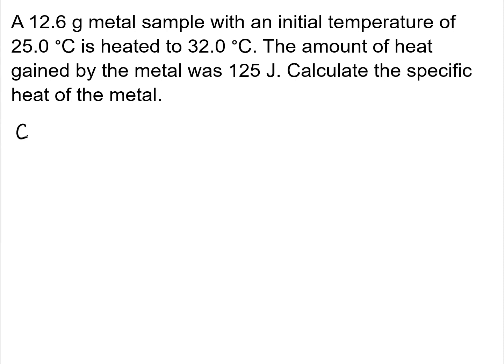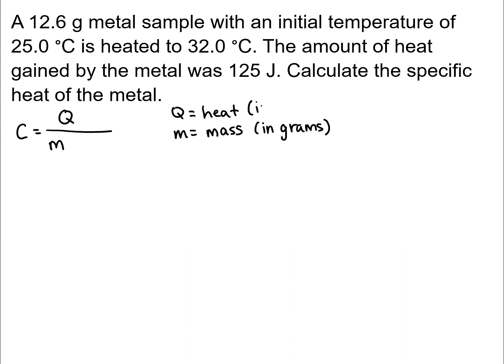Specific heat, that's represented by C. You can calculate the specific heat of a substance if you have Q, which is the amount of heat that you put in, M, which is the mass, and it has to be in grams. The heat, by the way, needs to be in joules.